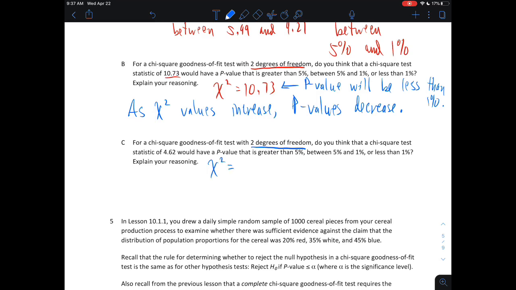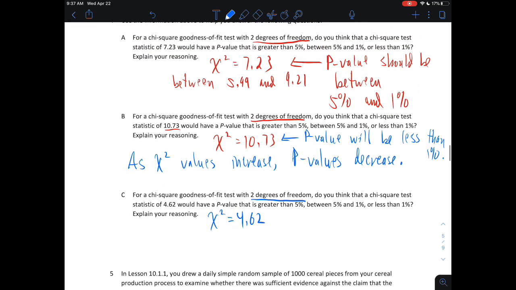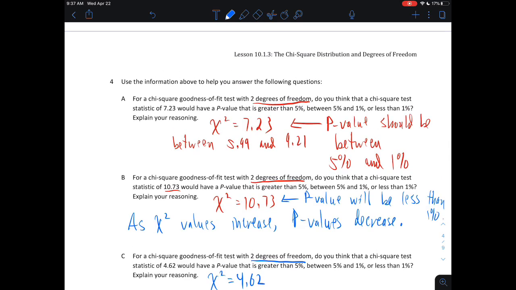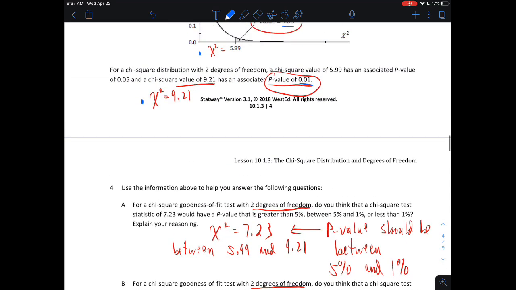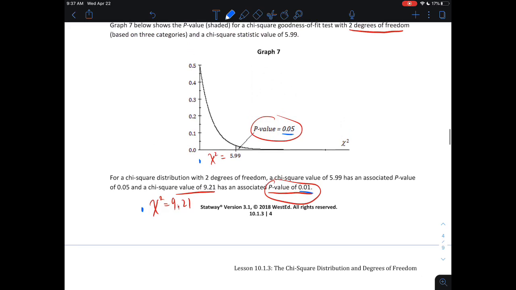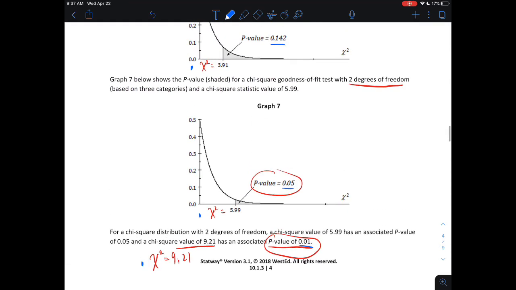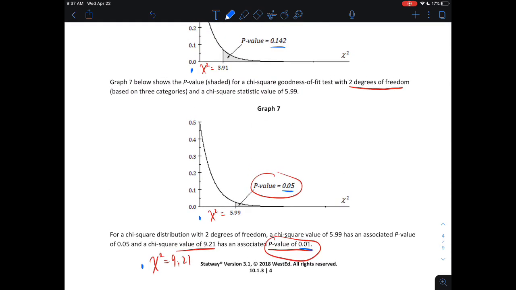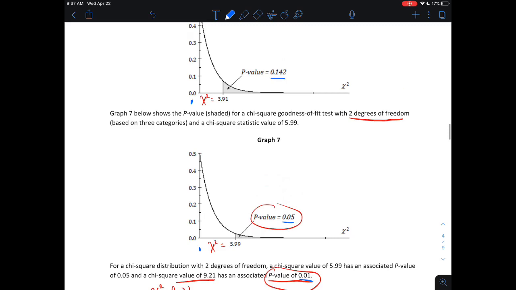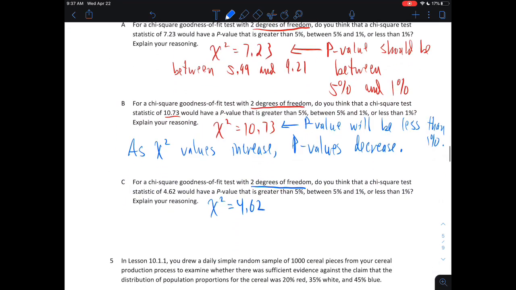So here chi-square is equal to 4.62, which is less than 10.73, less than 9.21, less than 7.23, even less than 5.99. So you can think the chi-square value is getting smaller, which means the p-value has to increase, which means it definitely would have to be above the p-value of 0.05 that related to the chi-square of 5.99.